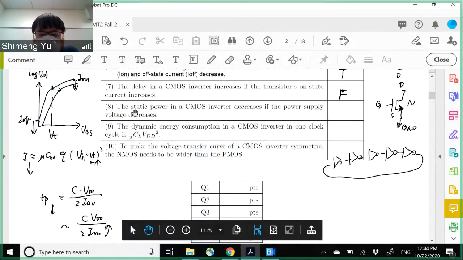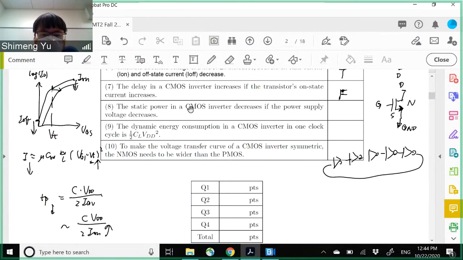Okay, so number 8, static power in a CMOS inverter decreases if power supply voltage decreases. Static power. So first of all, you need to understand there are 2 kinds of power dissipation. One is static, the other one is dynamic or active.